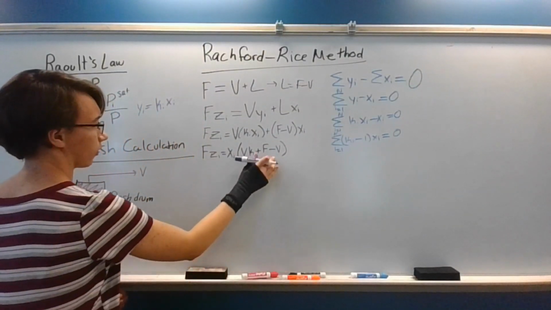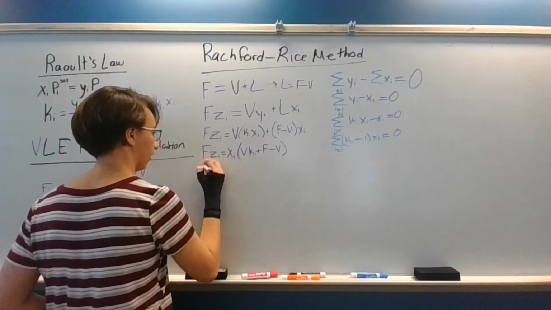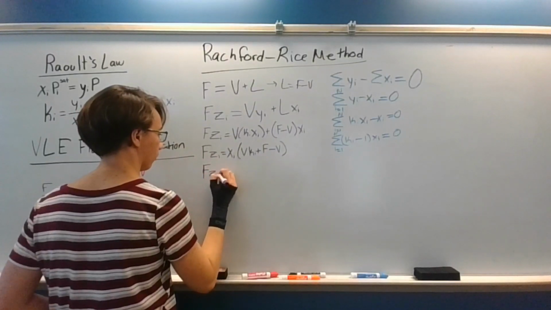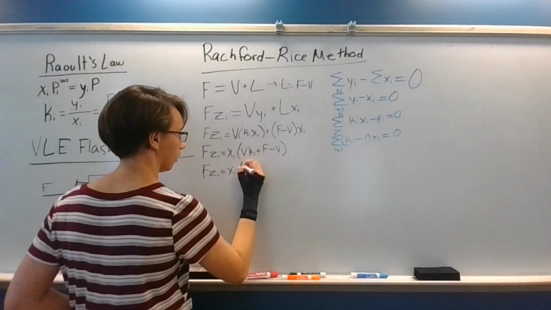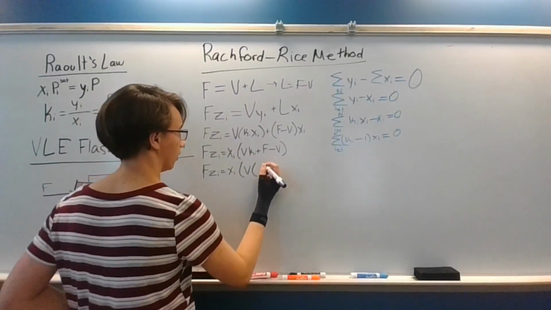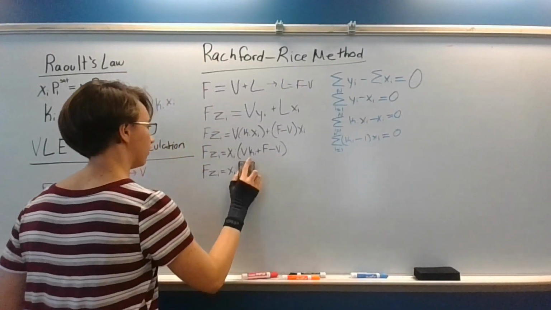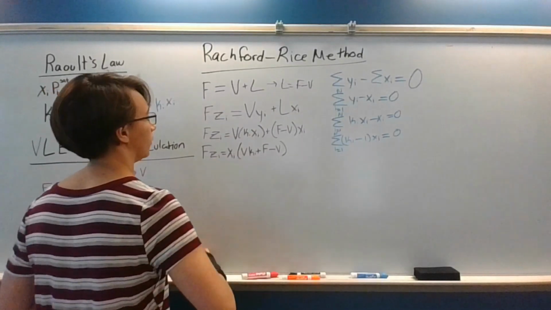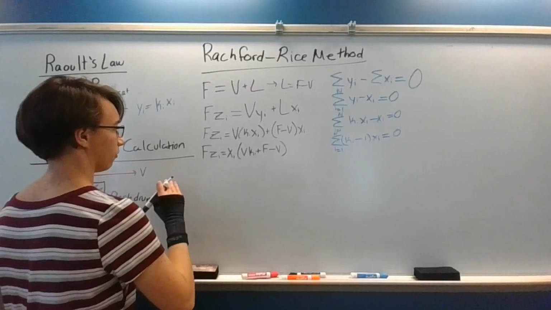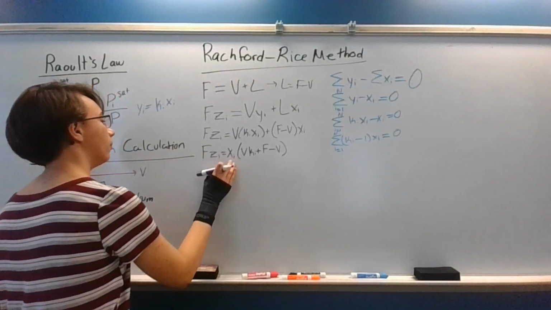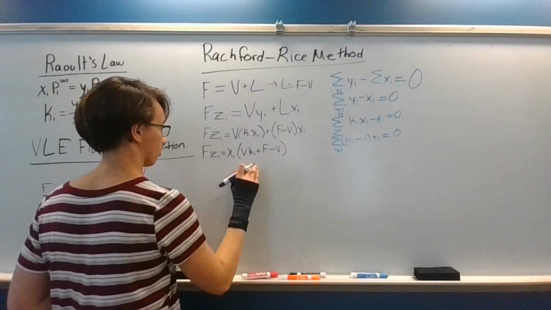And then again, we can factor out the vapor within this parentheses. So we'll have moles of feed times the mole fraction of the feed equal to the mole fraction in the liquid phase times moles of vapor times, oh, actually we can't do that, never mind. Because this is not one term in itself, F is a separate term from the vapor, so never mind about that. We cannot factor that more. But we can continue to solve for the mole fraction in the liquid phase, by dividing this quantity out.